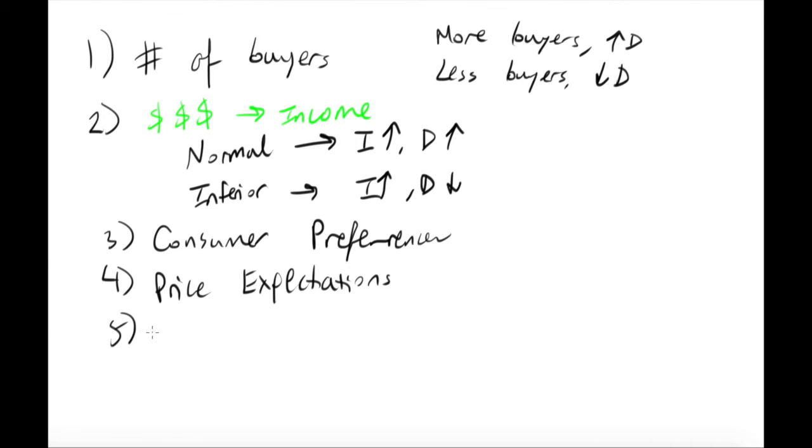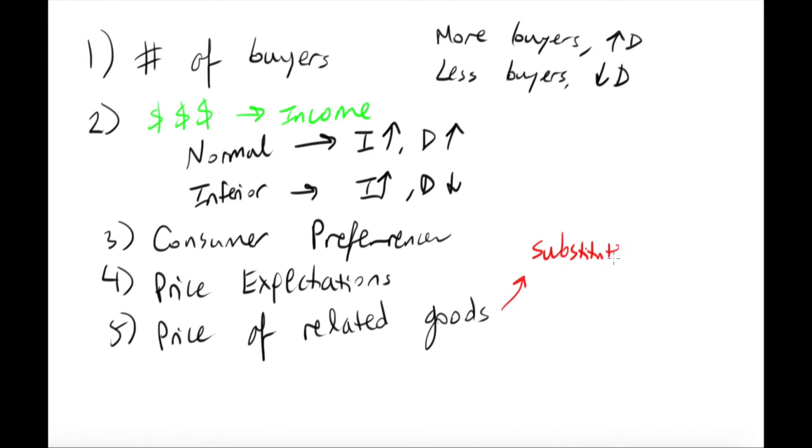And the last factor to consider is the price of related goods. This could be in the form of two different types of products. The first is often referred to as a substitute, and the second is often referred to as a complement. So what does this mean? Well, if the price of a substitute goes up, then the demand for your product is going to go up.